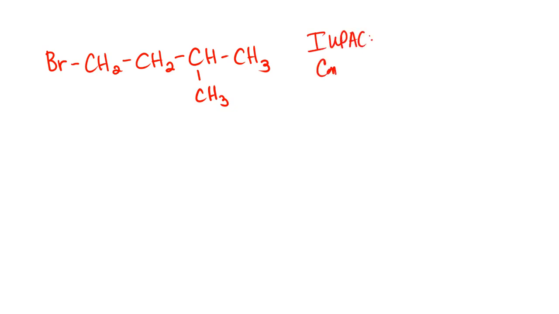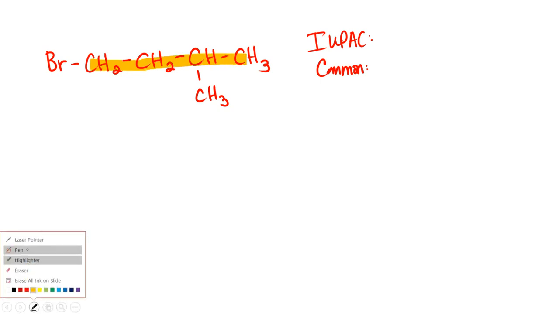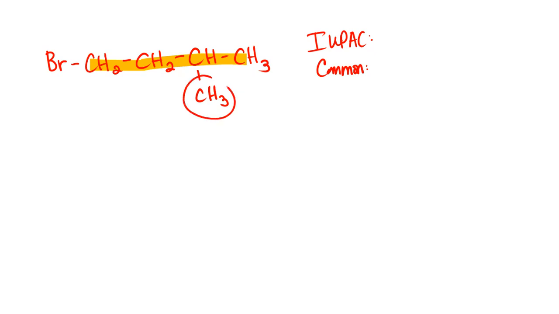Let's look for the longest continuous carbon chain. We've got 1, 2, 3, 4 carbons in the longest continuous carbon chain. We've got a group right here off the chain. It's a 1-carbon group, so meth means 1 carbon. And then we've got this bromine, or this bromo group.